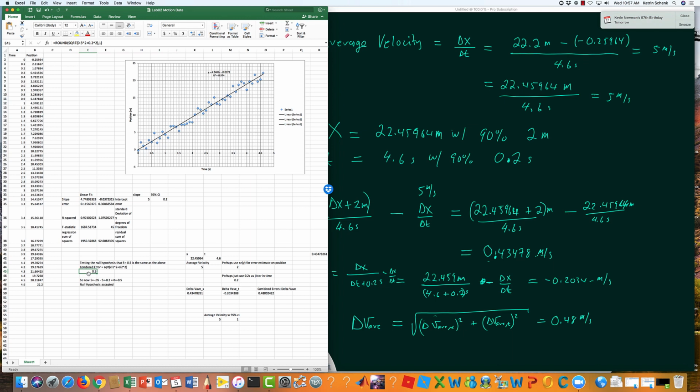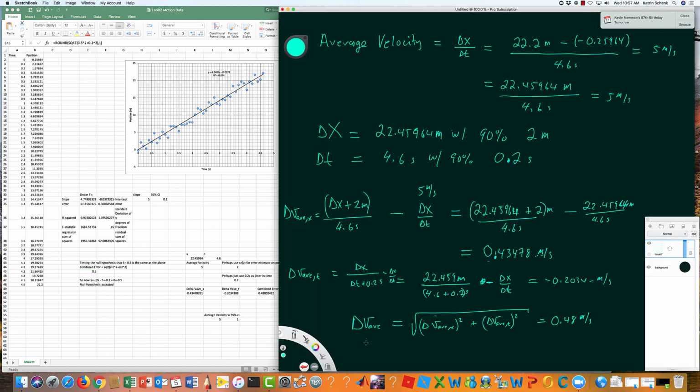So here we have the combined error. That means if I were going to write V average, it would be 5 meters per second plus or minus 0.5 meters per second, because that's what this was. We rounded to one significant digit.